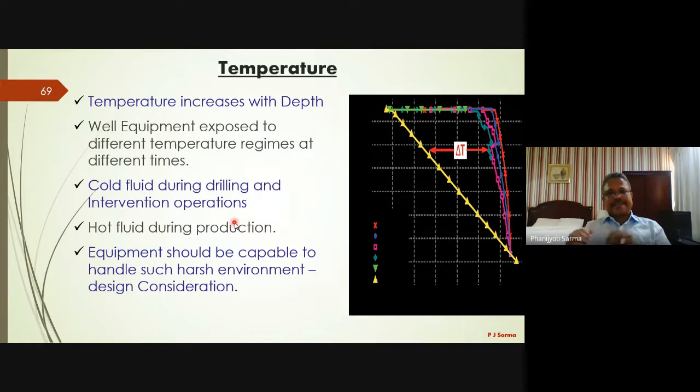So there is an induced stress during this operation. Temperature changes during production as well as during the intervention operation induce stress in the equipment, and as a result, fatigue happens. As a result, completion failure might happen.